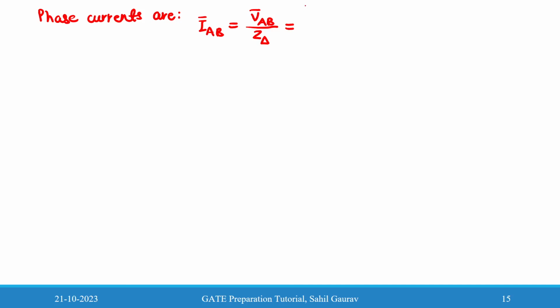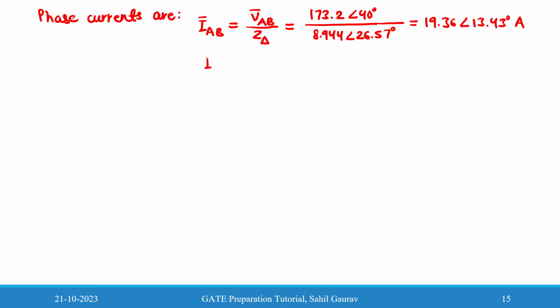VAB we have found, 173.2 at the angle of 40 degree, divided by Z delta, which is 8.944 at the angle of 26.57 degree. That will come out as 19.36 at the angle of 13.43 degree ampere.